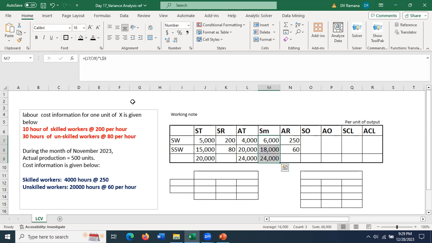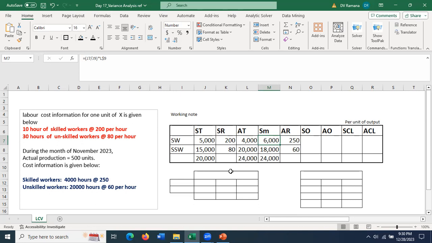What is composition? The standard mix is actual time in the standard ratio. What does it mean? If you have used more time, no problem. But why don't you use it in the same ratio, same composition? It should have been in the ratio of 1:3, but we have used 4,000 and 20,000 respectively.